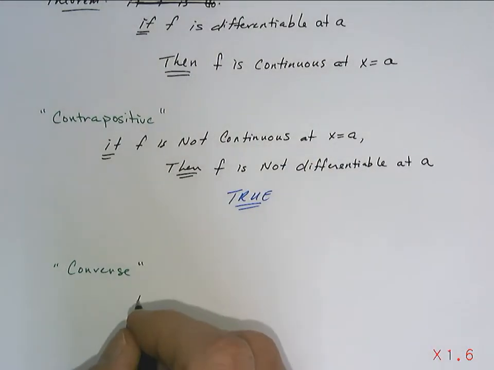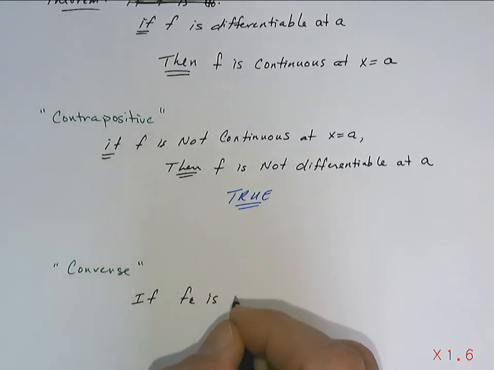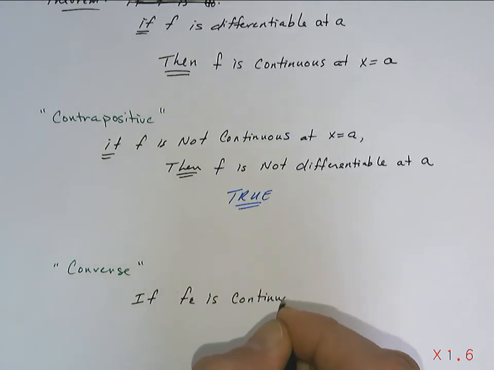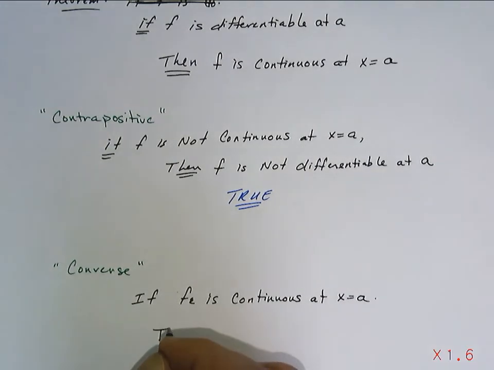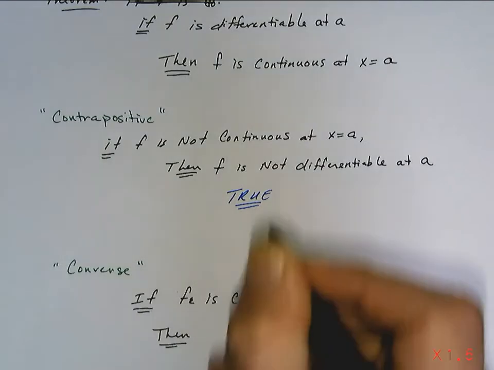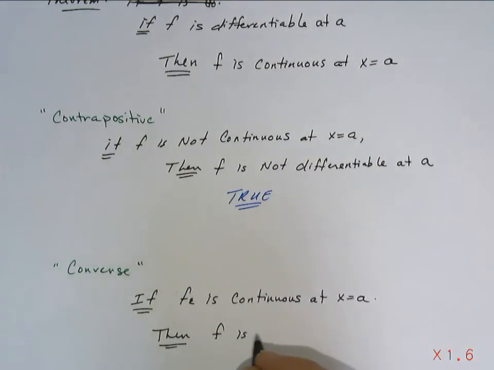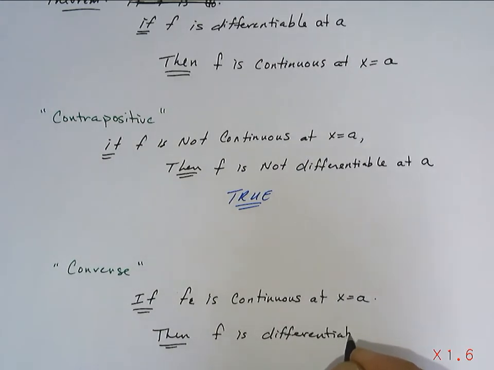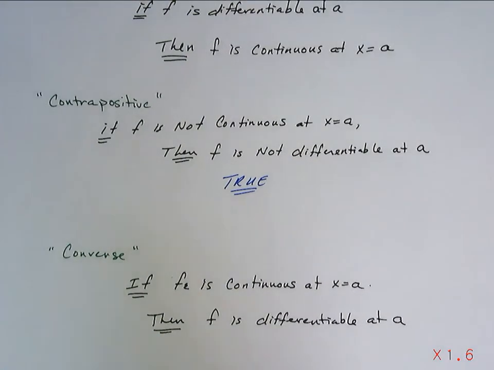It says if f is continuous at x equals a, then, so the converse, if I start with f being continuous, then f is differentiable at a. That's called the converse of the statement. And the converse of the statement is false.